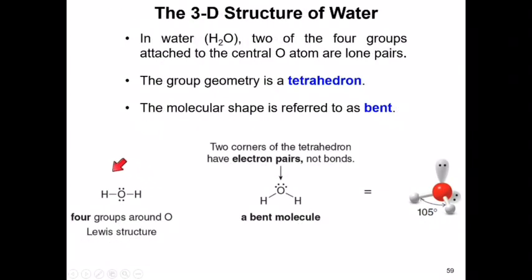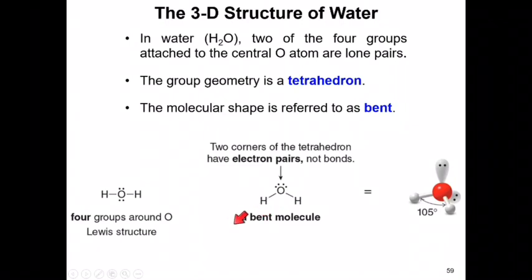Here's the Lewis structure for water, H2O, with oxygen as the central atom. As you can see, oxygen has a total of 4 electron groups, 2 lone pairs and 2 bonding pairs, which gives it a tetrahedral electron geometry. But because oxygen has two lone pairs, the molecular geometry is bent.